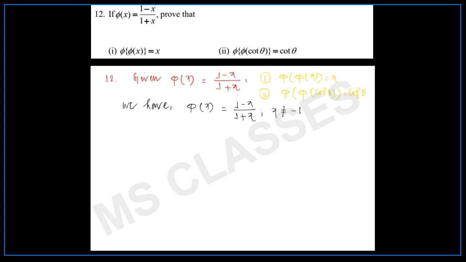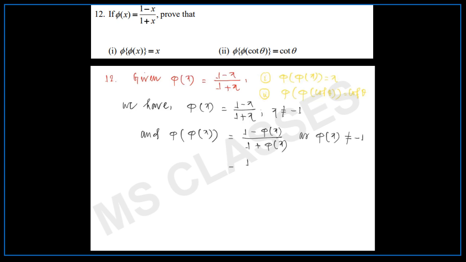We have to find phi of phi(x), and phi of phi(x) equal to (1 minus phi(x)) by (1 plus phi(x)), as phi(x) not equal to minus 1.